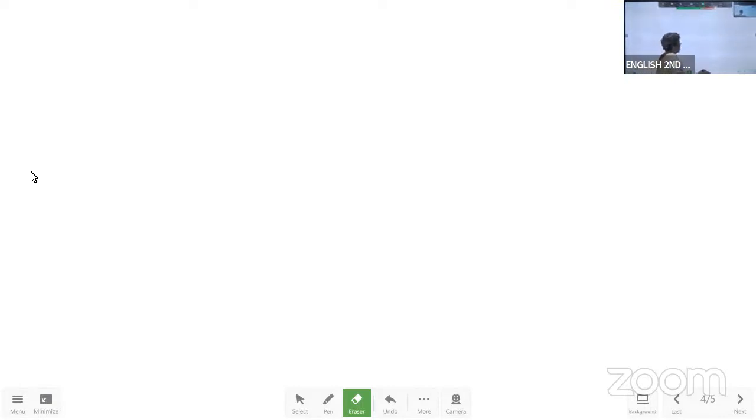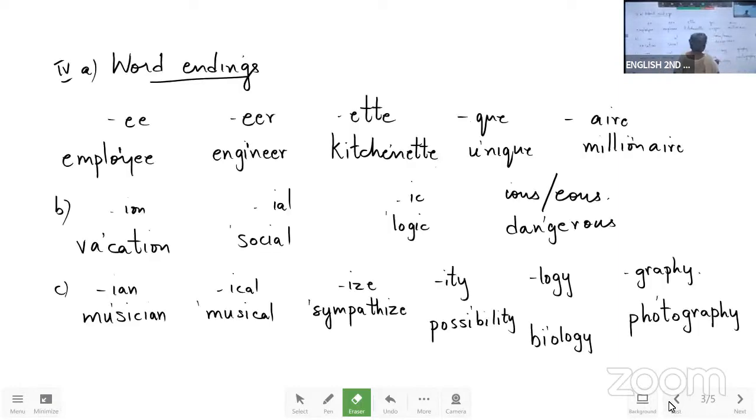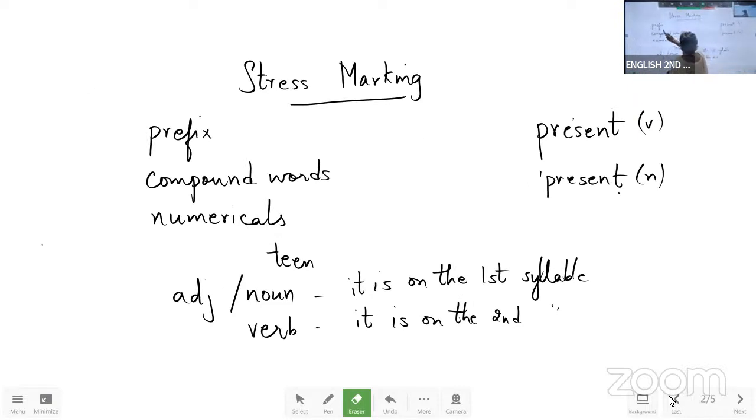There is no one-to-one relationship. So remember all this, especially the word endings, will help you to write, because this is the easiest way. Plus, like I said, not only the word endings, but also the weak prefixes.